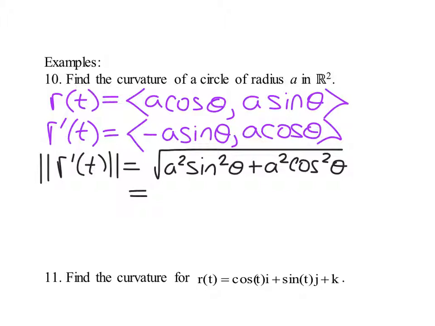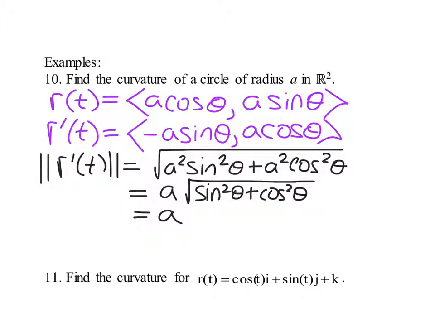We have a GCF of a squared that can be rooted out of the whole thing, giving you an a times the square root of sine squared theta plus cosine squared theta. Oh, I forgot my theta. And sine squared plus cosine squared is equal to 1. So a times 1 is a.